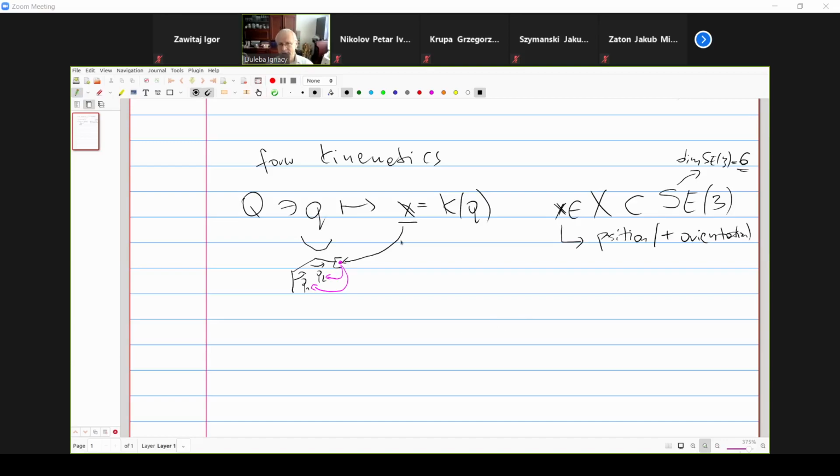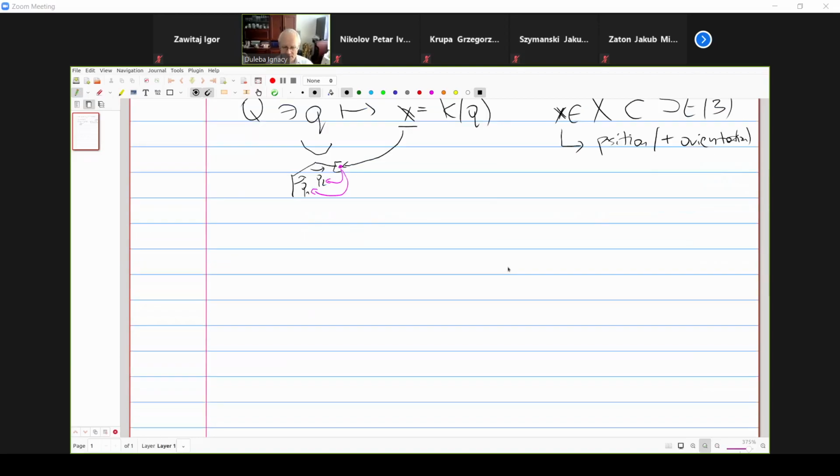Unfortunately, this method is numerical in nature, so the solution of inverse kinematics is performed by repeating some steps, but it works for any manipulator. And let's recall what we have obtained.